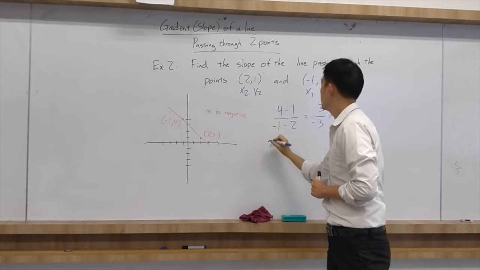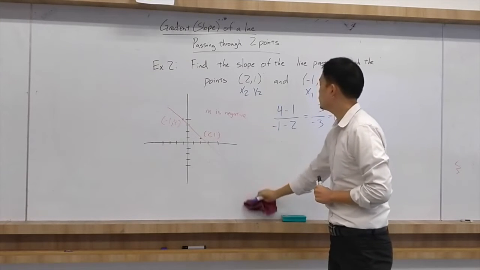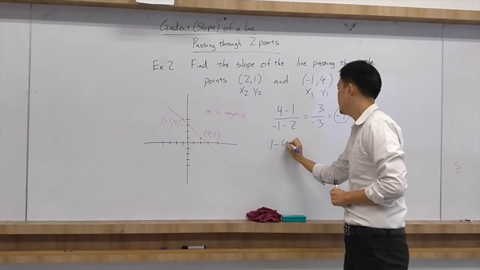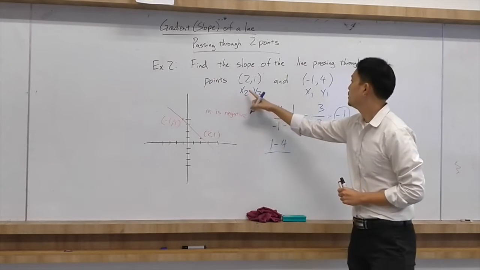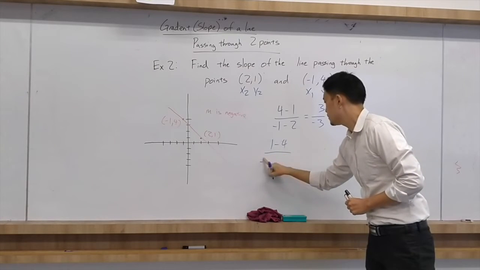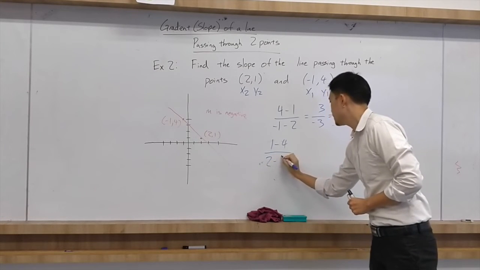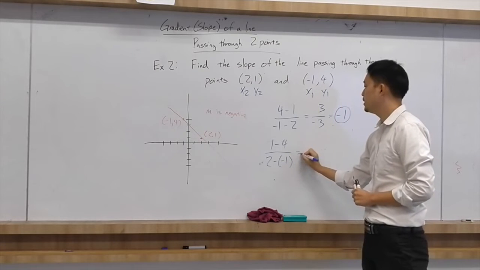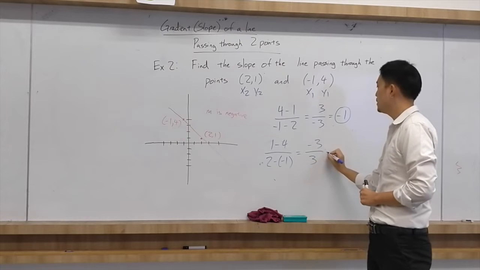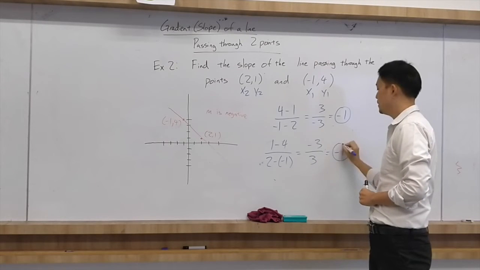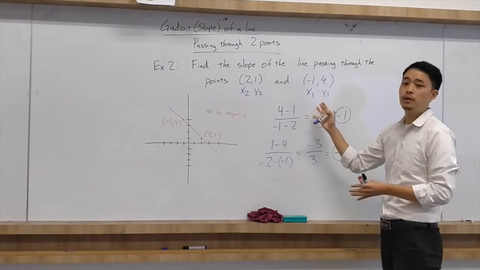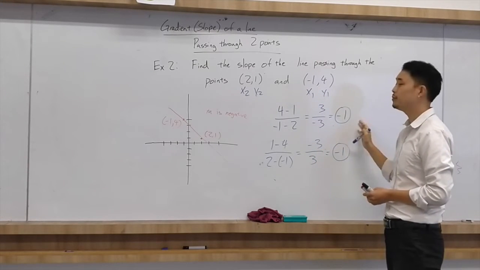So, quick check. 1 minus 4 on the top. 2 minus negative 1 on the bottom. Top is negative 3. Bottom is positive 3, which still ends up with negative 1. So no matter which coordinate we pick as our 1 and our 2, as long as we're consistent, we will still end up with the same slope.